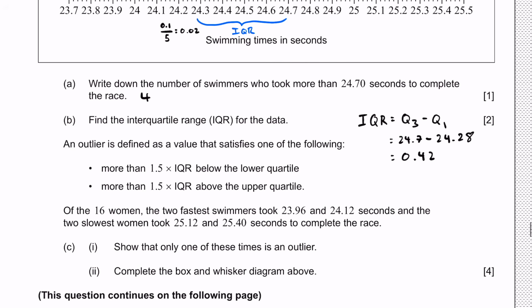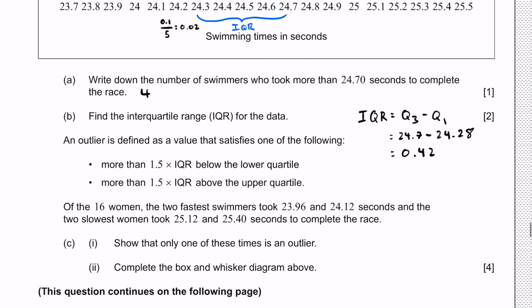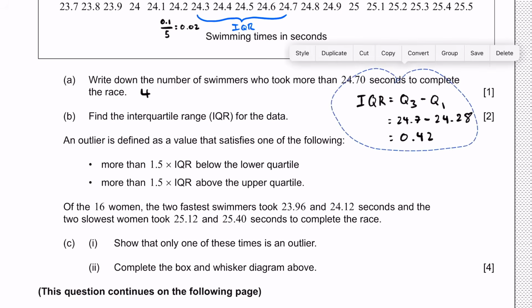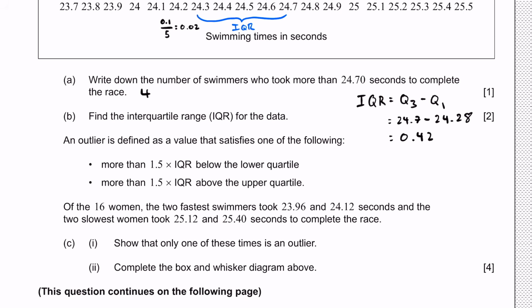So how can we determine whether something is an outlier or not? Let's first look at the lower quartile, the bounds for what an outlier would be, and then the bounds for the upper range. So I'm going to move this away and we'll set up some equations. So 1.5 times IQR below the lower quartile.